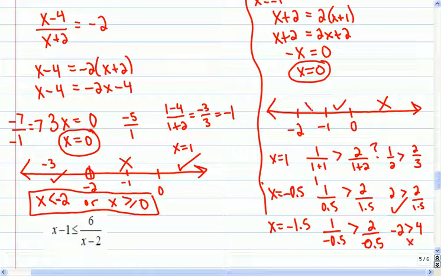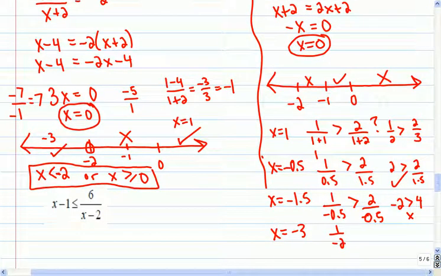No. So the last one, maybe I'll try negative 3. So that'll be 1 over negative 2. Is that greater than 2 over negative 1? So is negative 1/2 greater than negative 2? Yes, it is. So that one would work as well.